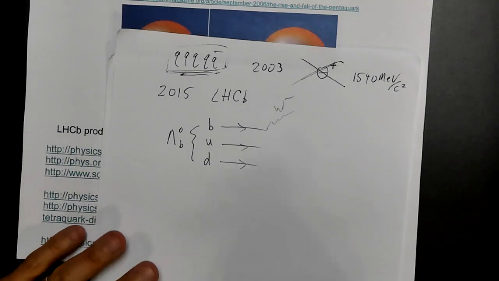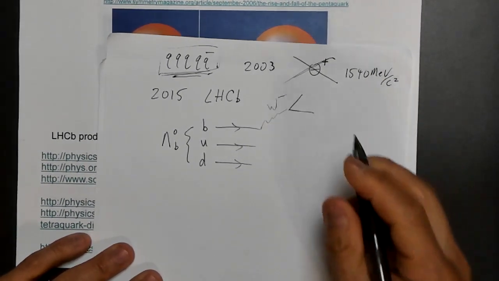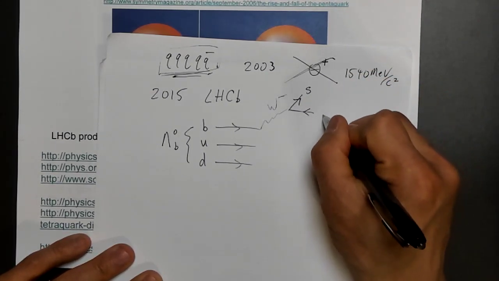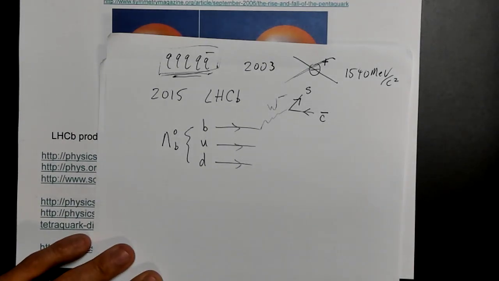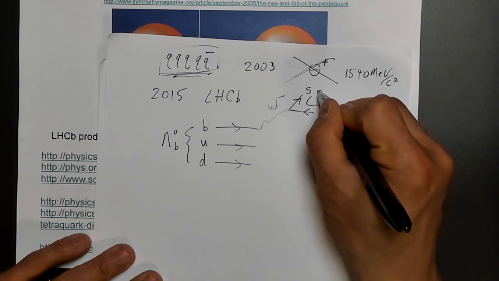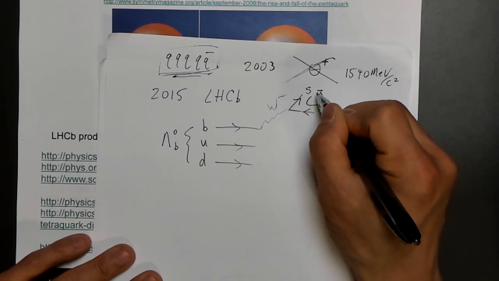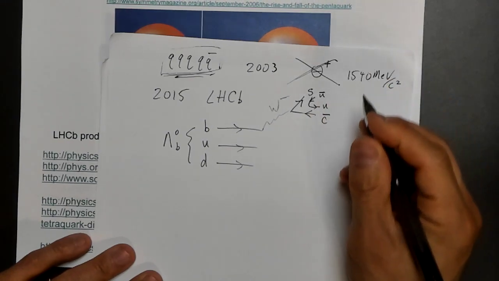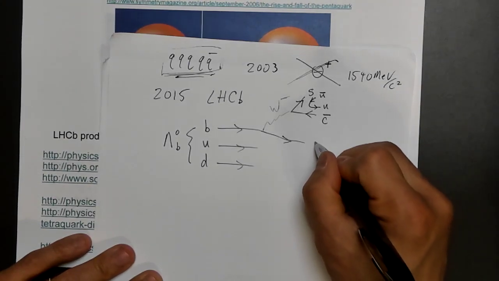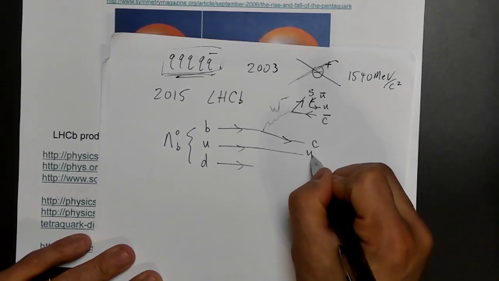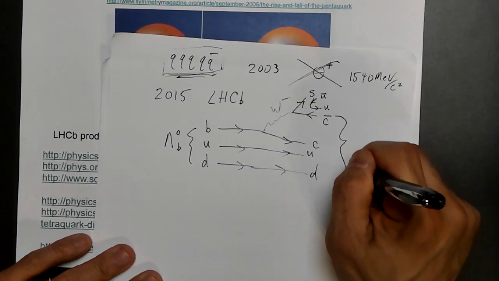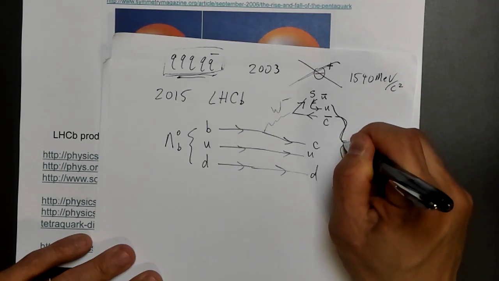And then this decays and forms an S quark and an anti-C quark, and you can also then have here a U bar and a D coming from the vacuum like this. Okay, and then this branch becomes a charmed quark, and this just remains an up quark, and this just remains a down quark.